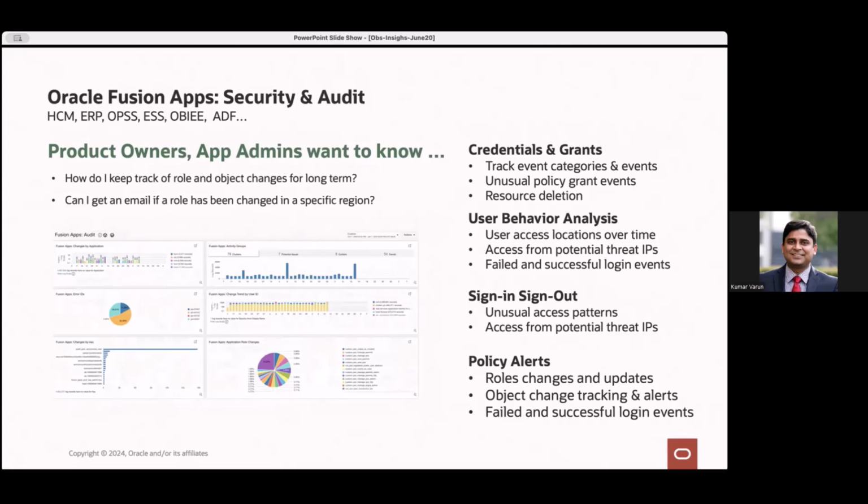Are they logging in from any threat locations, or which specific regions are they logging in from? What are the failures and the successful login events that have occurred in the last 3 months or last 1 year, and what has been the trend? If suddenly a user starts logging in from a non-standard location, that's the anomaly, and we are able to highlight that. Policy alerts in terms of specific role changes or object changes can be generated by users on top of those.